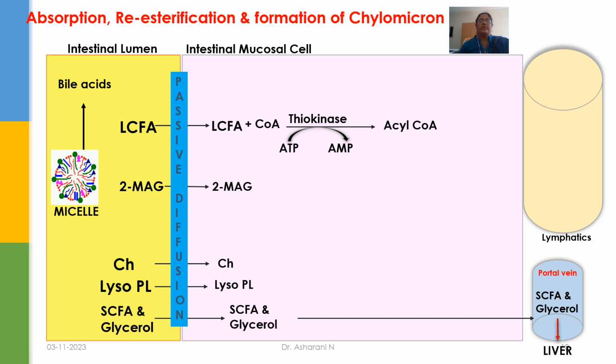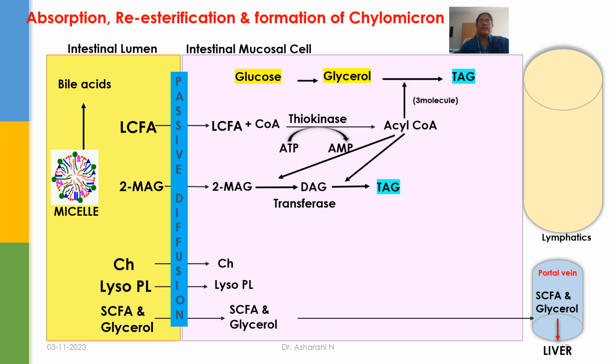There is activation of fatty acids with the help of thiokinase enzyme and coenzyme A, which is an ATP dependent reaction. And this activated acyl-CoA can esterify with 2-MAG, cholesterol or lysophospholipid to form TAG, cholesterol ester and phospholipid respectively.